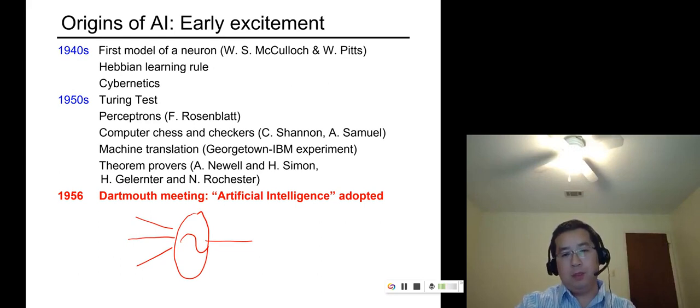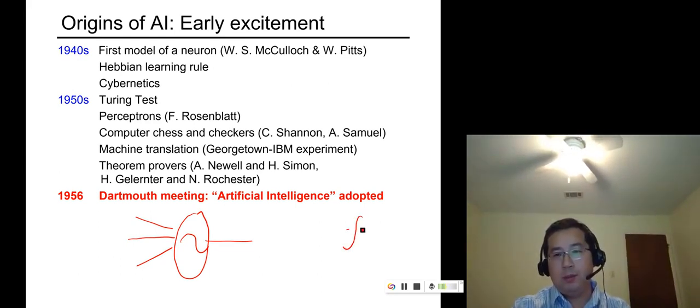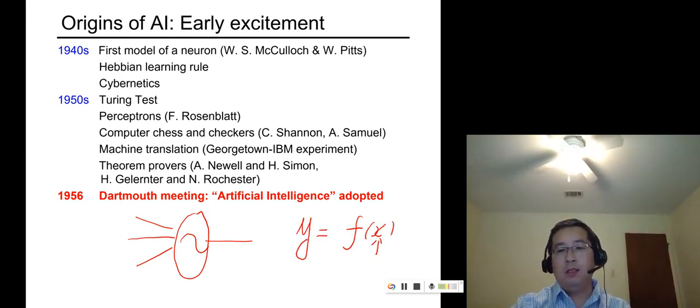For example, you have input X and then you have output Y. This is the activation function, with input and output.